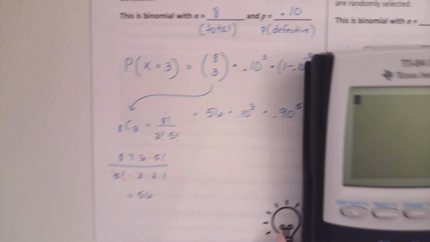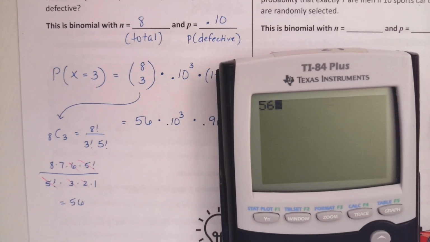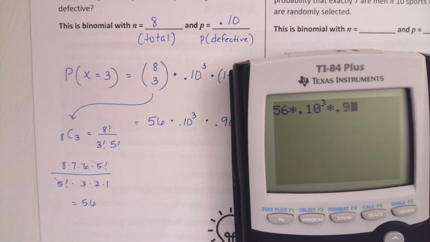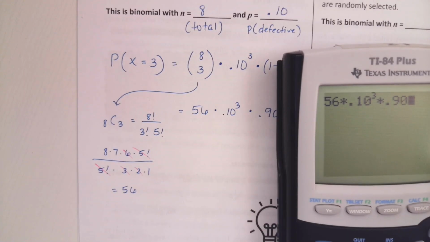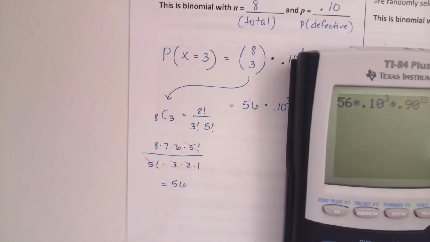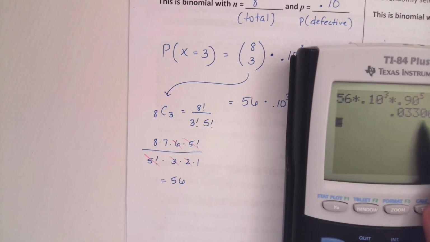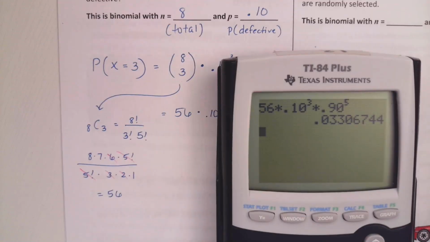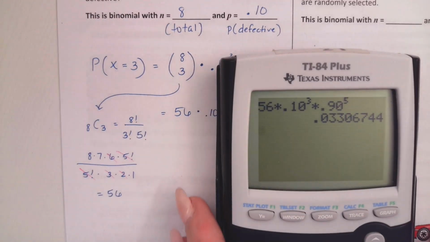Let's see. 56 times 0.10 to the 3rd power times 0.90, the not defective, to the 5th power. 0.0331 would be 4 decimal places. 0.0331. Is that what y'all got?